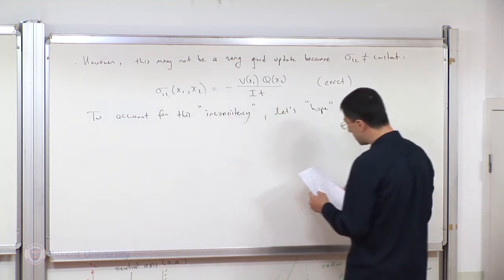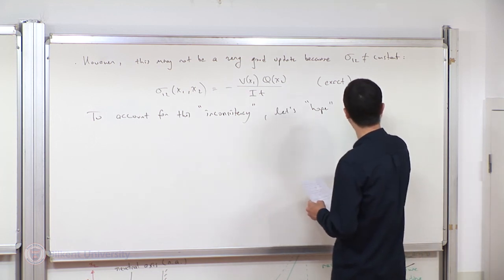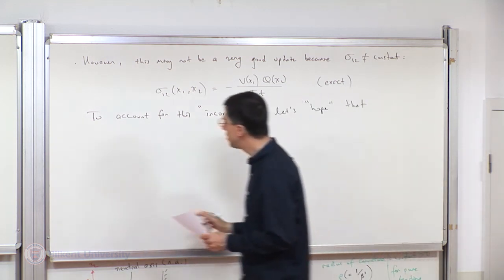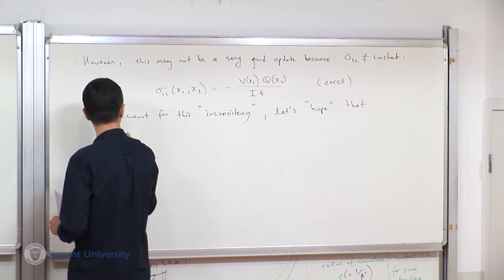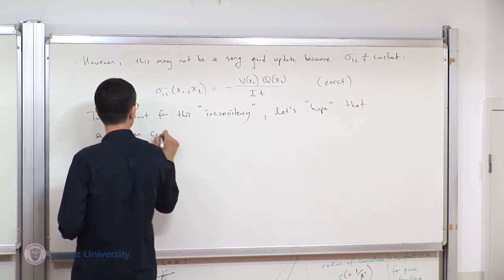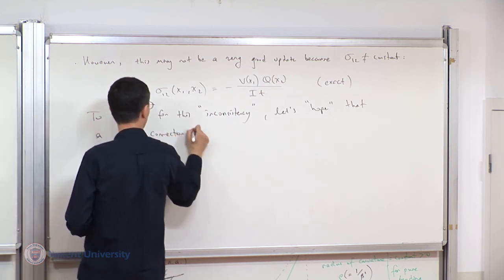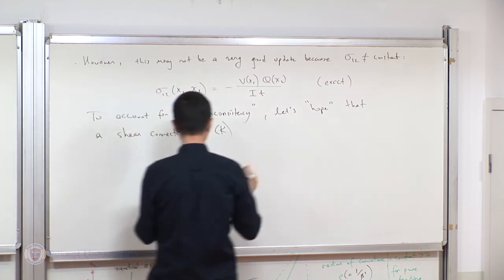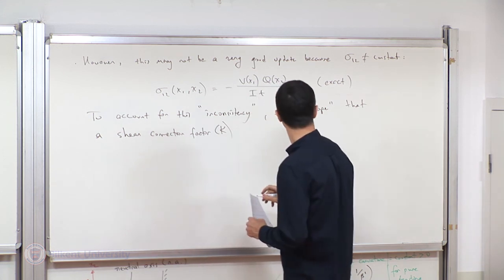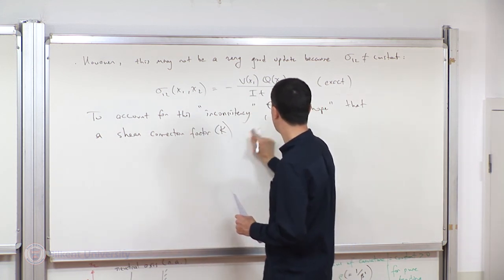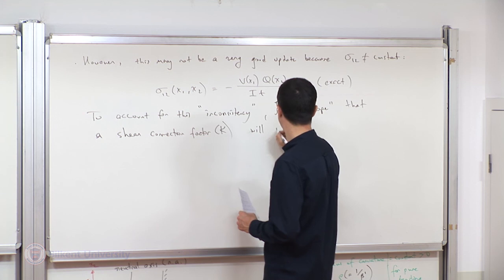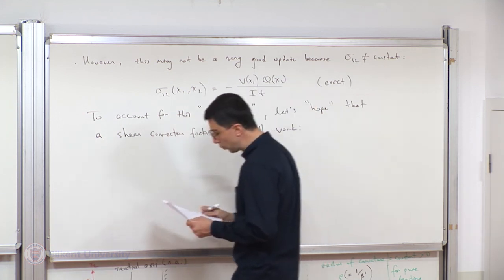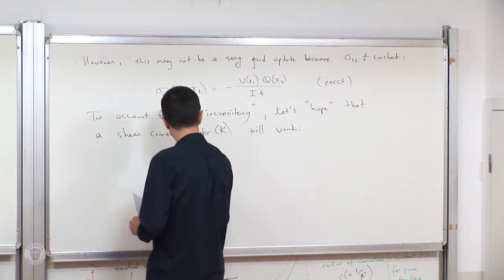And at this stage, it's just a hope. Eventually, it needs to be verified. Hope that if we introduce a shear correction factor, I'll call it K, everything will work out for the better, and I'm going to do that as follows.